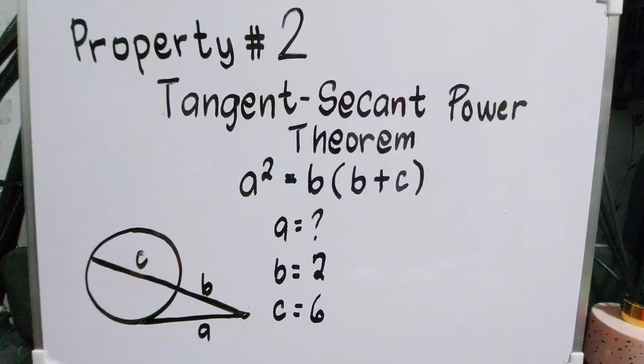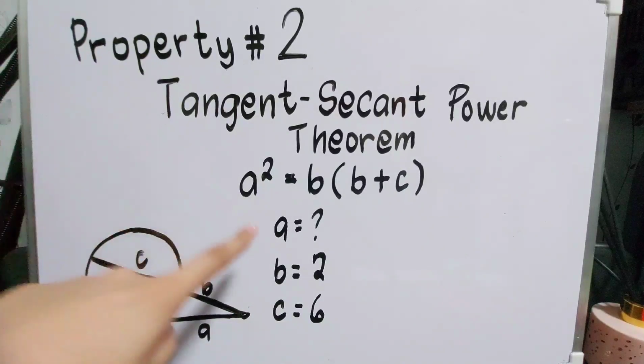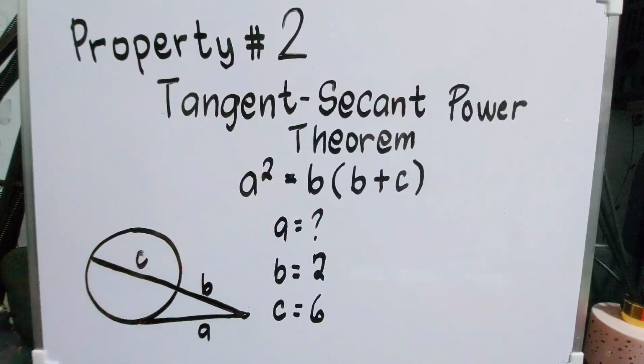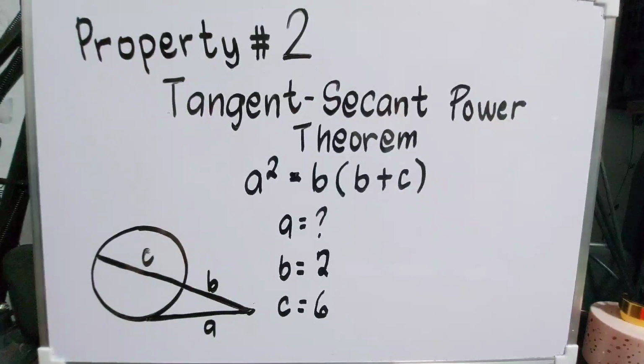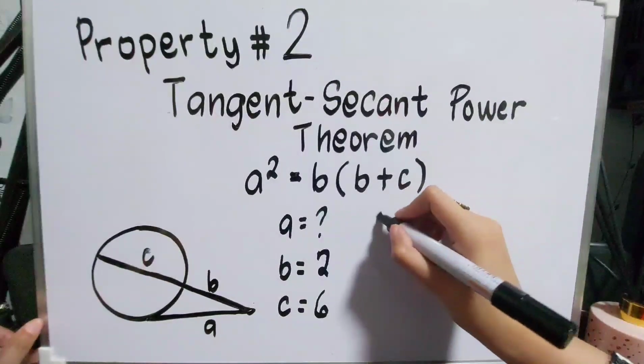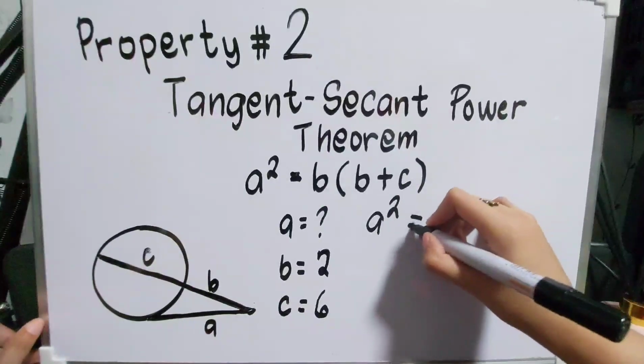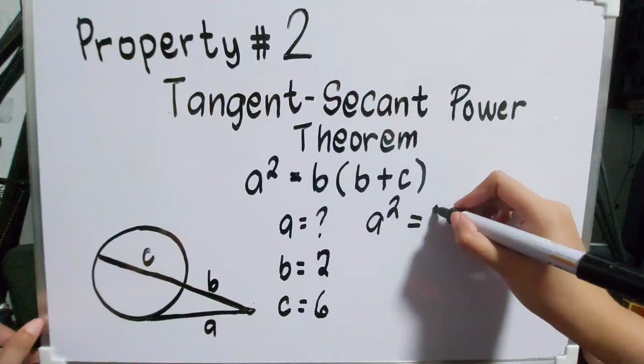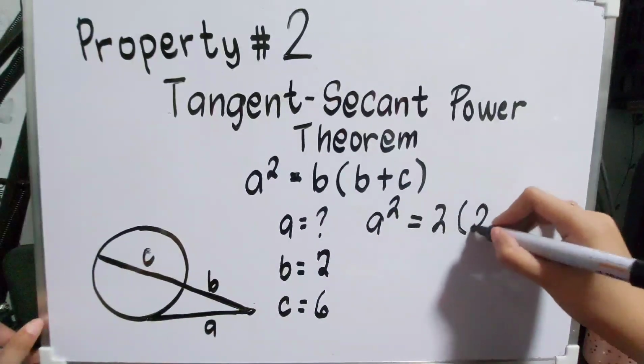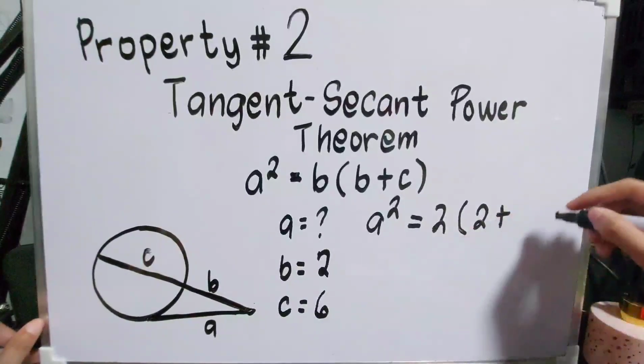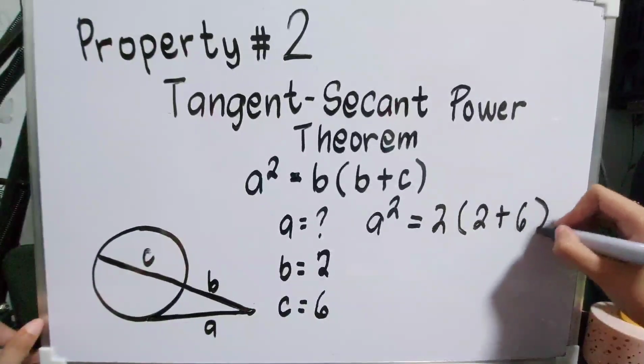So we have here the values of line segments B and C. Now, we need to find the value of line segment A. We will now substitute. So, A squared is equal to B is 2 multiplied to 2 plus C is 6.